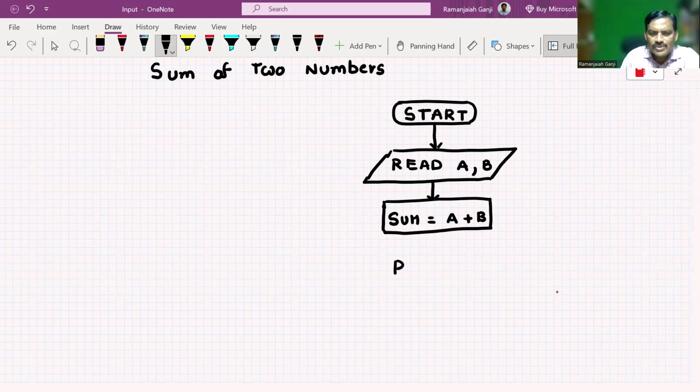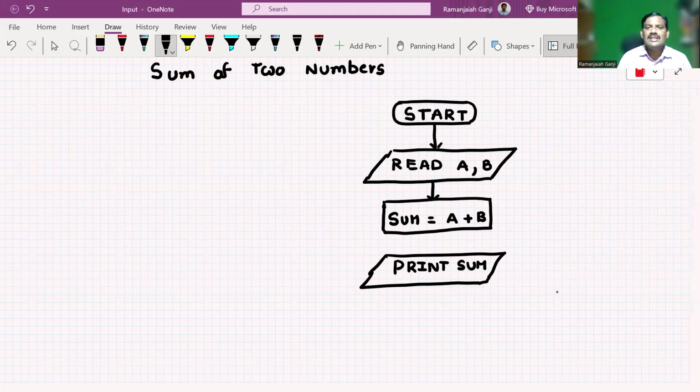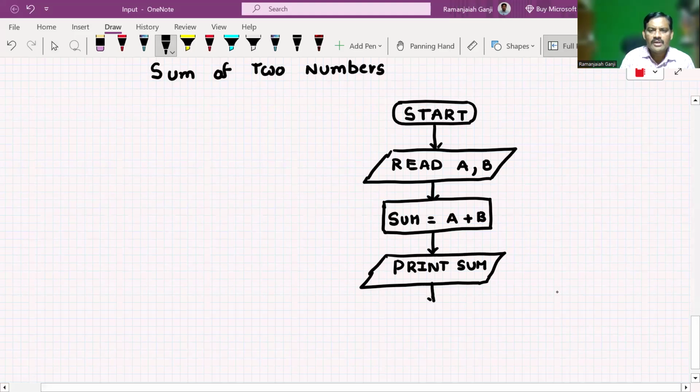Then we have to print the output, that is print sum. What is the symbol? For printing output, we have a parallelogram or you may use the print symbol. This is the first flowchart. That's why I'm writing a parallelogram or you may write the print symbol as well. Finally, once the flowchart is completed, you have to terminate the flowchart by end.